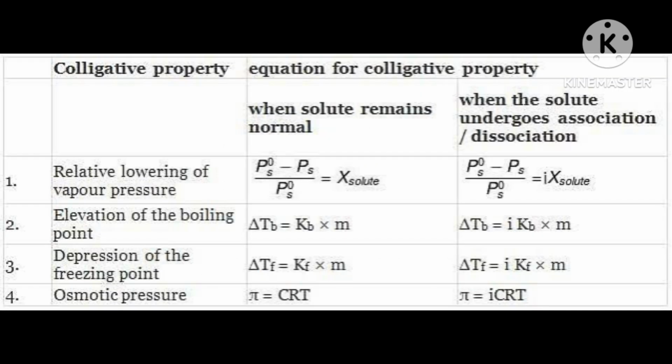That number is important, not the nature of the solute. You know that colligative property depends on the number, not on the nature. But here what I am going to discuss is abnormal molecular mass.